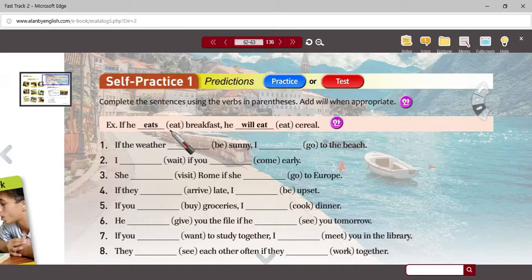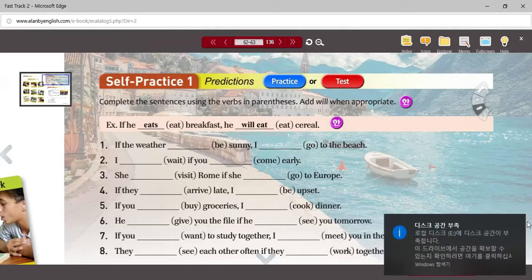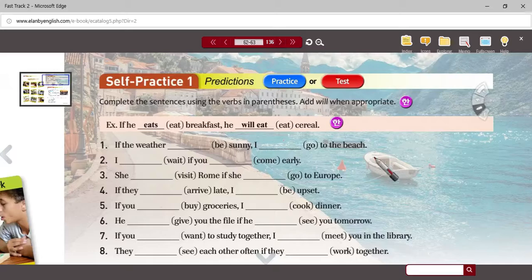It says add will when appropriate. So do you know exactly when you are using the word will? We've studied it in the grammar and in the past two language activities. Here's an example. If he eats breakfast, he will eat cereal.